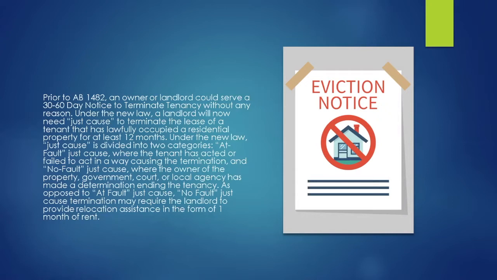At-fault just cause, where the tenant has acted or failed to act in a way causing the termination, and no-fault just cause, where the owner of the property, government, court, or local agency has made a determination ending the tenancy, as opposed to at-fault just cause. No-fault just cause termination may require the landlord to provide relocation assistance in the form of 1 month of rent. Okay.